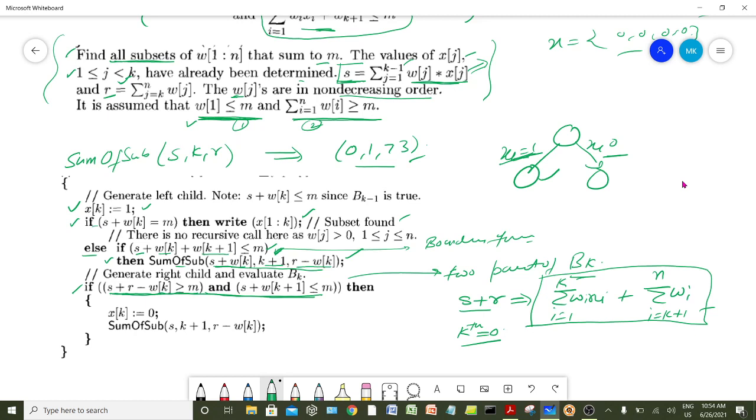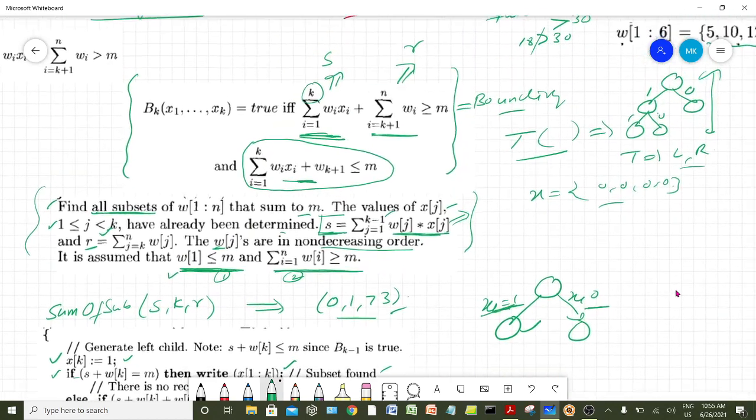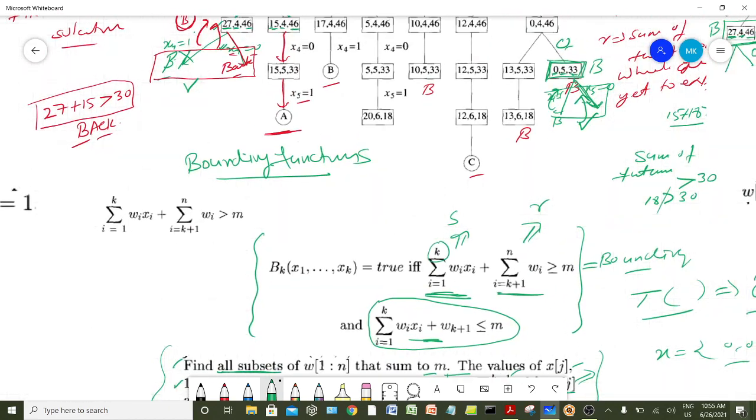This is exactly what s plus r minus w of k does: after negating the kth weight, if the condition is still holding, or you can say even with exclusion of the kth element the total remaining sum is greater than the total sum to be achieved, only then do we need to pursue further.